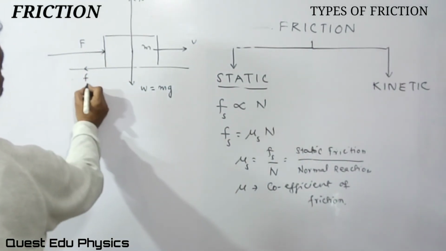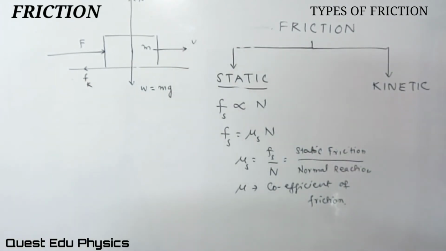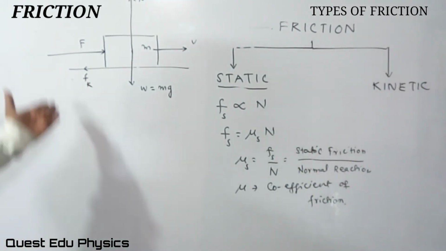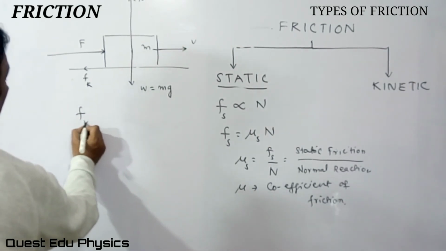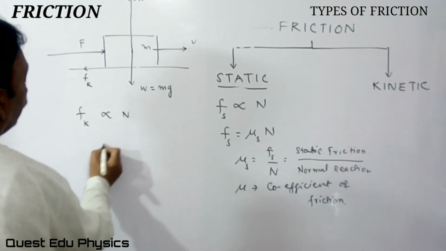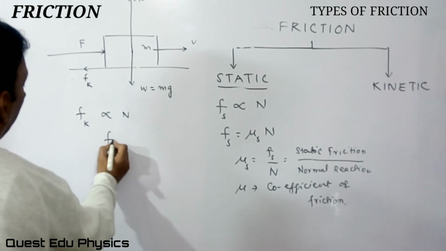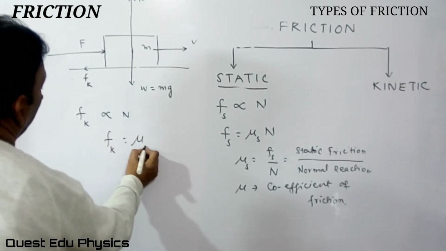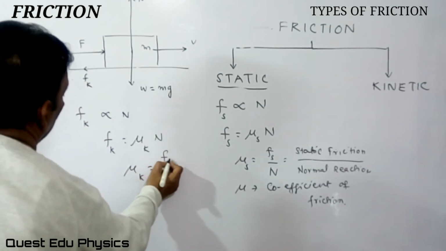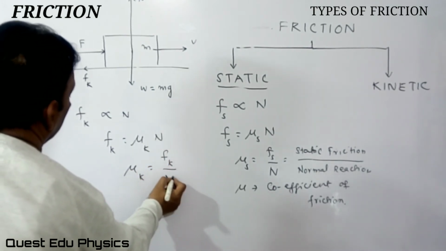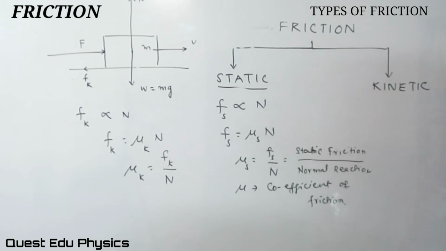Then this frictional force turns into Fk. And we can write the relation as Fk is directly proportional to N, or Fk is equal to mu k into N, and mu k is equal to Fk by N. Here mu k is the quotient of kinetic friction.